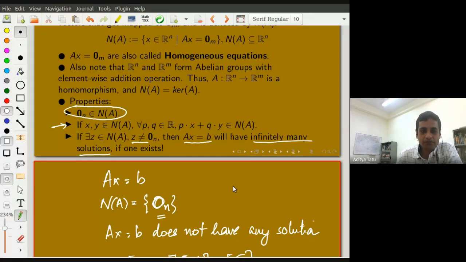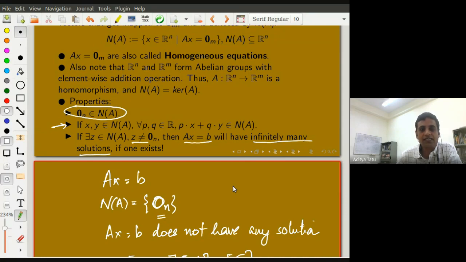Okay, so please remember you may have a situation where the null space contains only 0. That does not guarantee that you will have unique solutions, right? It may be possible that there is no solution at all.